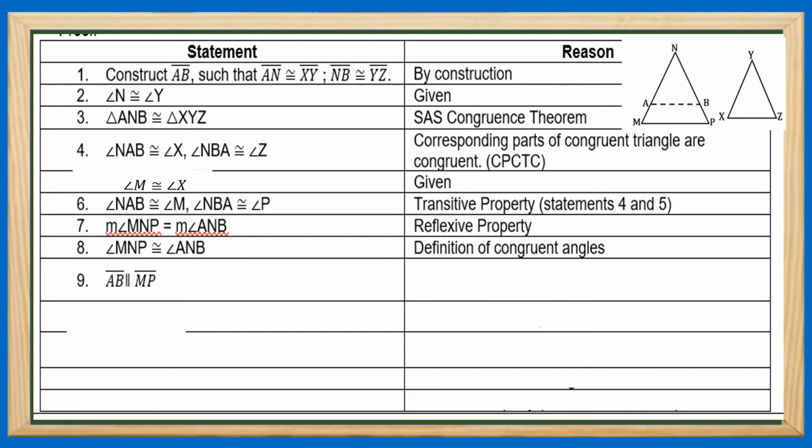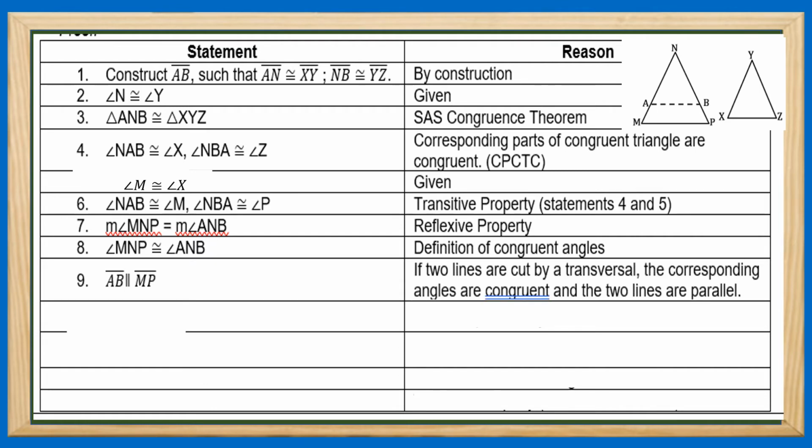Now segment AB is parallel to segment MP. The reason is that if two lines are cut by a transversal and the corresponding angles are congruent, then the two lines are parallel. So we can say that NA is to NM is equal to NB is to NP using the Basic Proportionality Theorem.